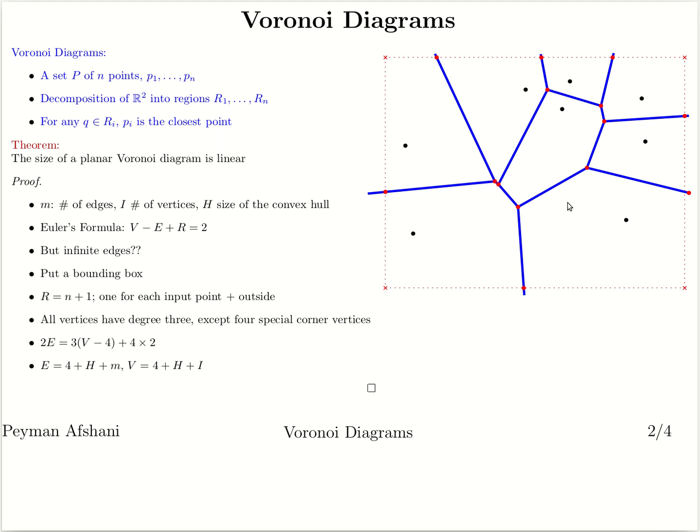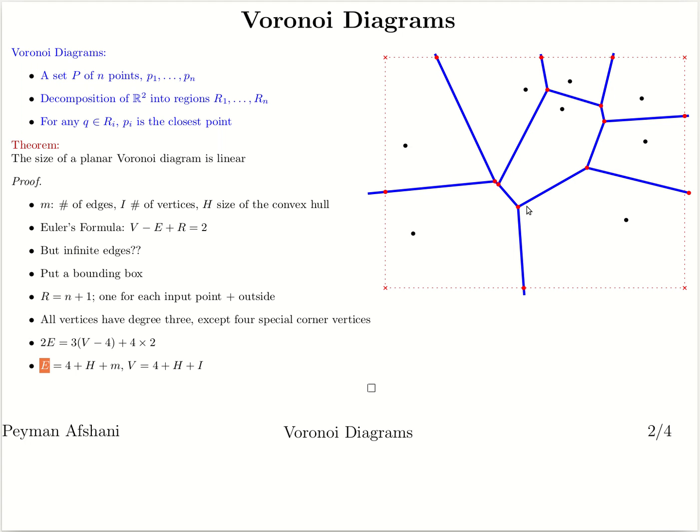So adding them all up, we get the total number of edges in this planar graph. And by the same logic, the number of vertices is equal to 4 corners plus the number of rays, which is equal to the size of the convex hull plus the original number of vertices in the graph.